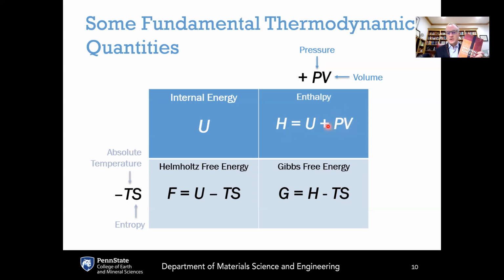So the pressure of the surroundings, the pressure of this atmosphere that I'm displacing, times the volume of the amount of displaced atmosphere, when that contribution is added to the internal energy, that gives you the enthalpy. So this is the relevant quantity whenever we have an isobaric condition where the pressure is non-zero.